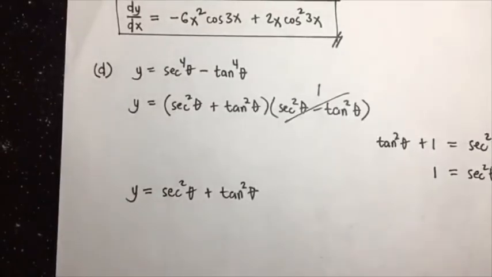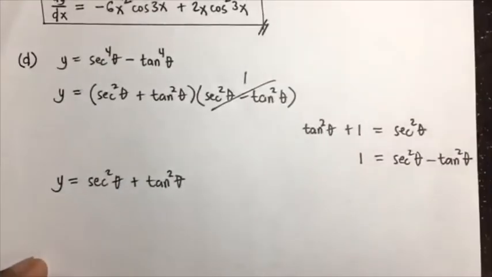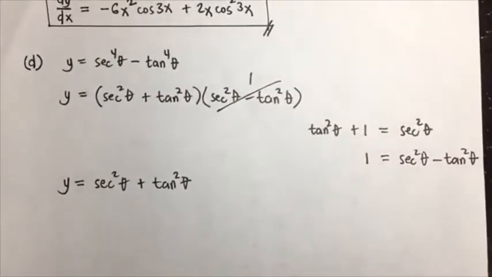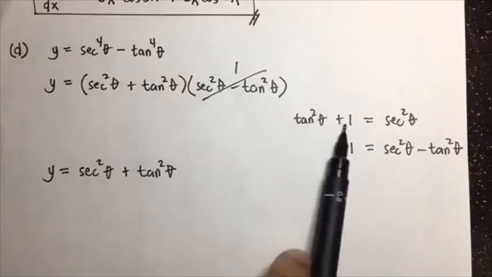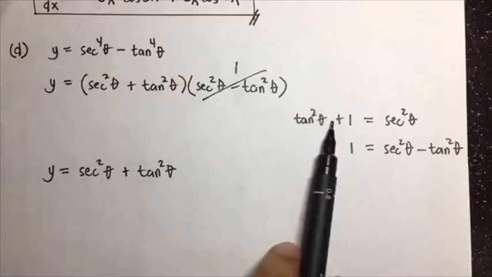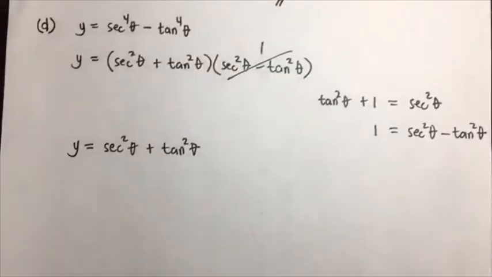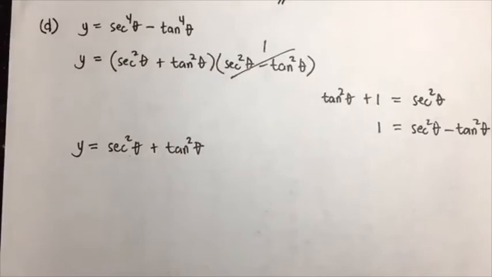Okay, so next we can derive this now, or we can still simplify if you want. If you want to replace secant squared theta with 1 plus tangent squared theta, that is also okay, no problem with that.